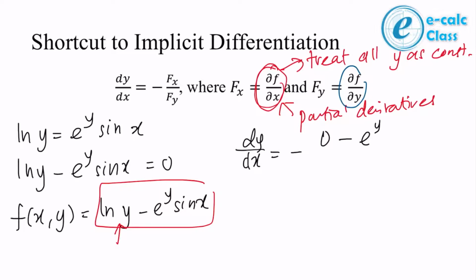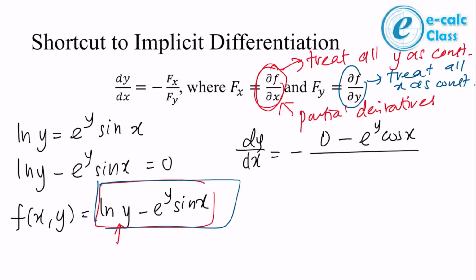Then you just have to differentiate sin x, which is now cos x, over ∂f/∂y. ∂f/∂y means you will treat x as constant. You also differentiate this one. So now your x is constant, your y is a variable. Differentiate this one, you get 1 over y.